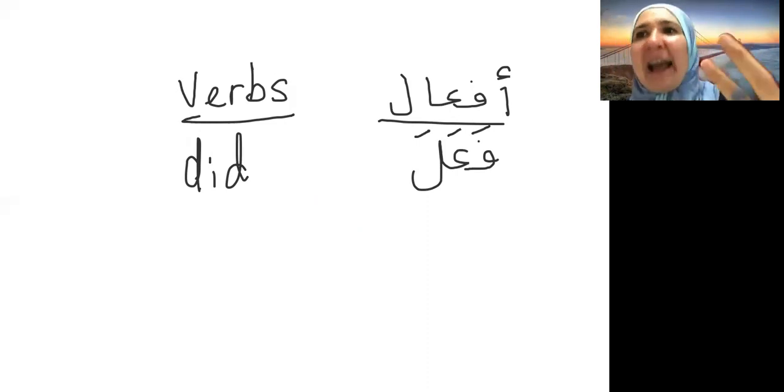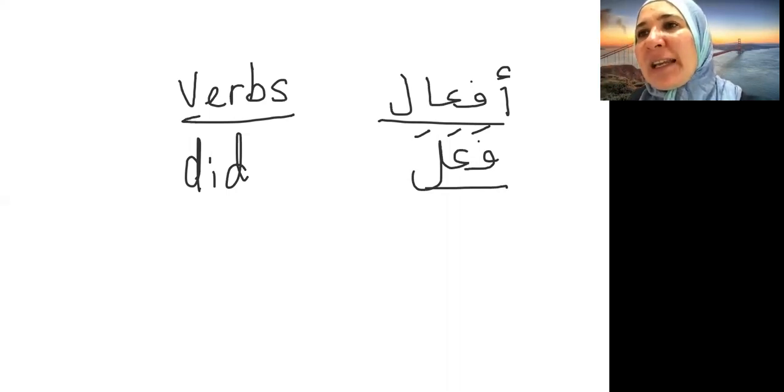Did something, فعل. Basically more than 90% of the verbs in Arabic are on this rhythm: 3 letters. 1, fa, 2, a, 3, la.